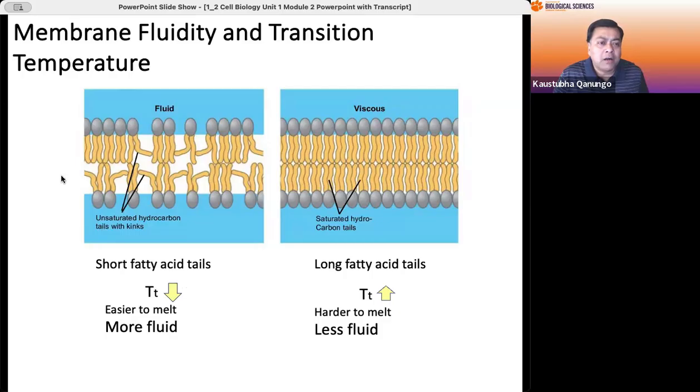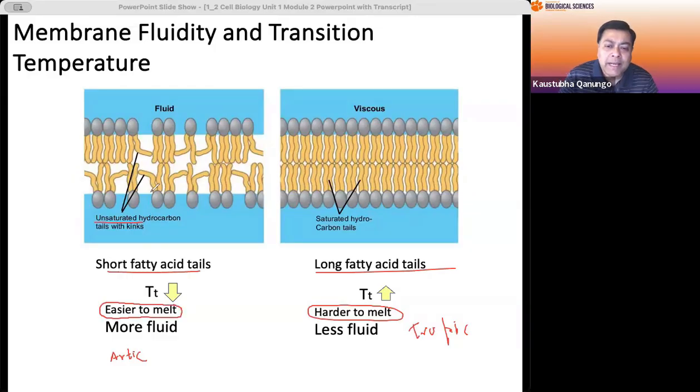So, as we said, if you look at a person in a colder temperature versus a hotter temperature, a person in the tropical area will have a composition with long fatty acid tails, harder to melt. Whereas in the Arctic region, just arbitrarily saying, a person will have short, unsaturated fatty acid tails, which are easier to melt, because in a colder temperature, they like to keep the membrane fluid.